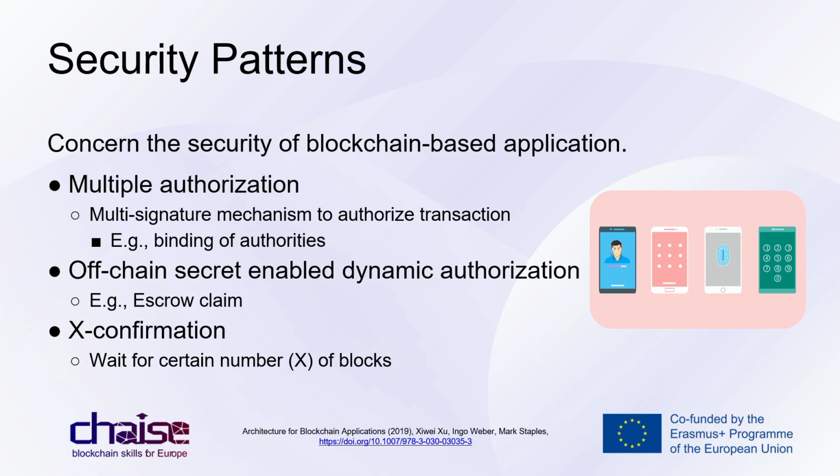So this is one of the cases where X confirmations are required to bring security to the blockchain network, to protect the ledger from being invalidated and to stop attackers from introducing double spending within blockchain networks.